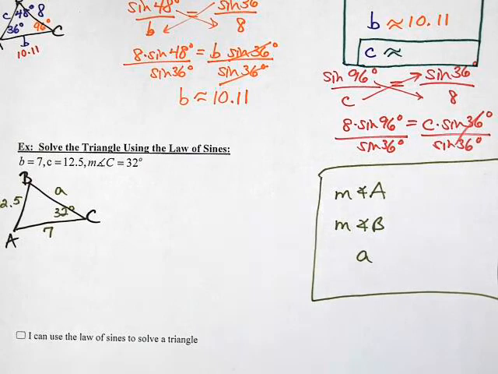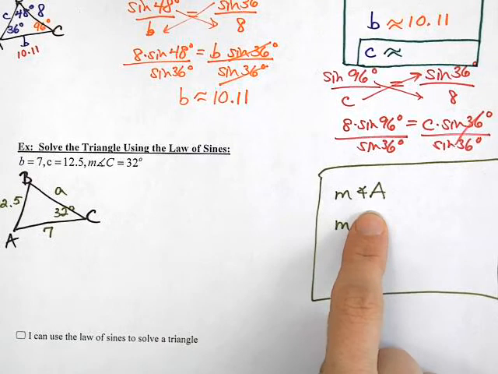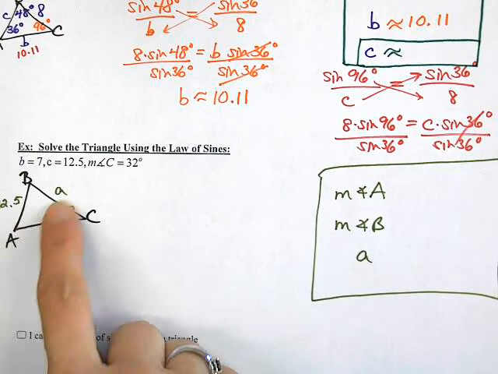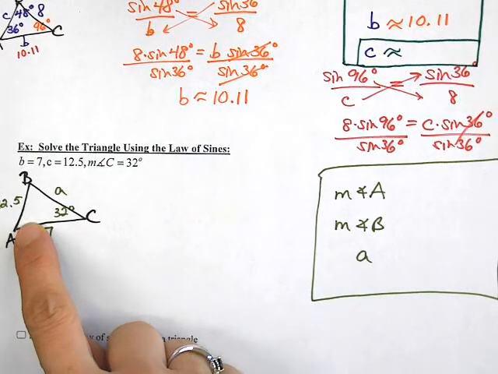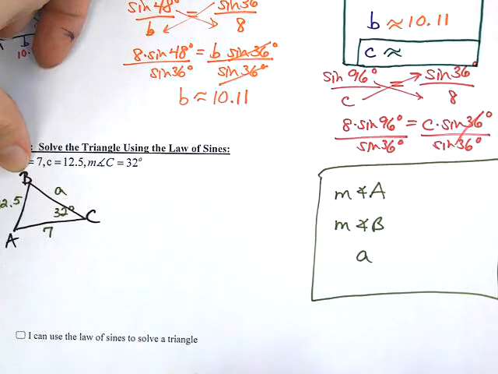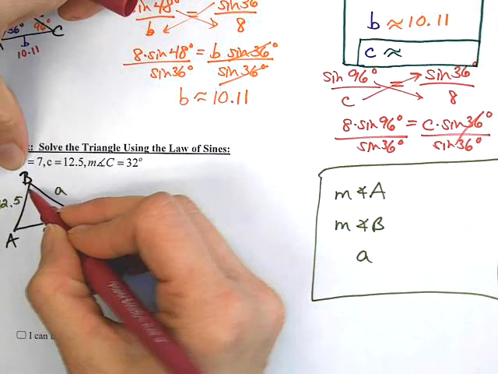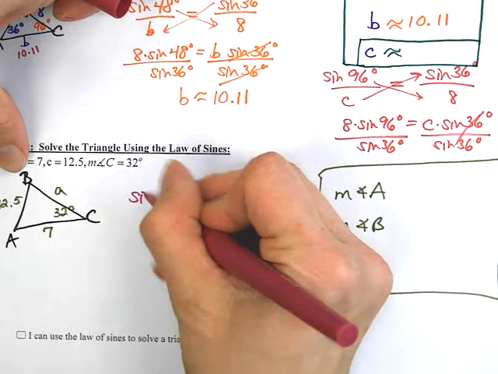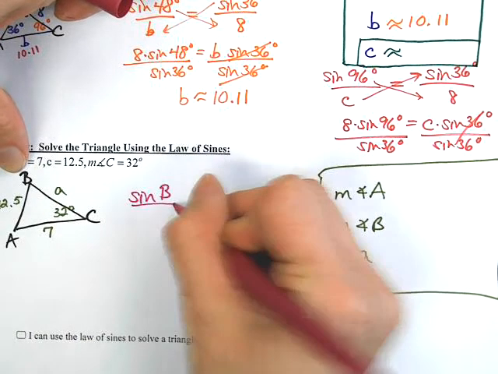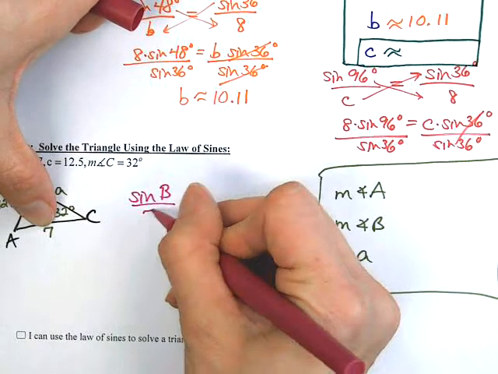I guess it doesn't matter. Let's go for, well, I don't know if I can find measure of angle A, huh? Measure of angle A goes with little a. All right, I can't find A. I'm going to have to go for angle B. I'm going to have to find measure of angle B first. The sine of angle B divided by 7.